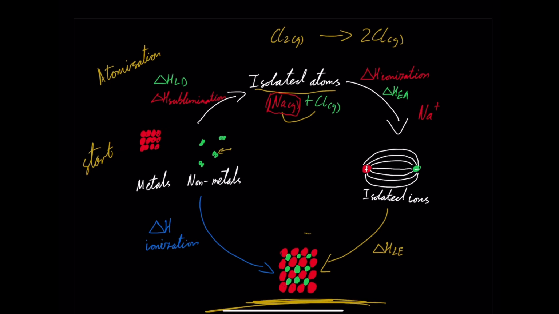So if you're removing an electron, that requires energy. It depends on the situation, but ionization, to remove an electron, generally requires a lot of energy.